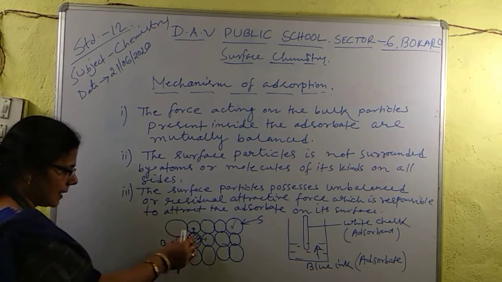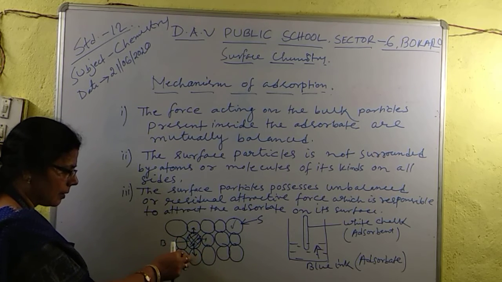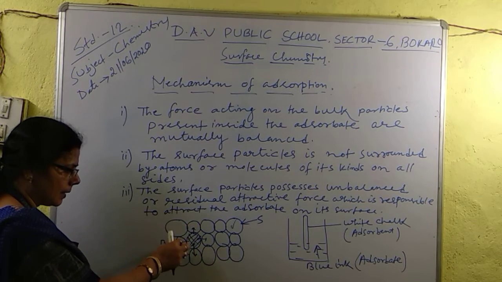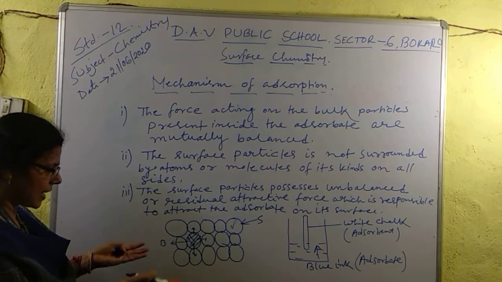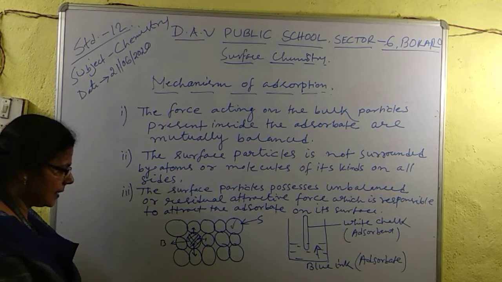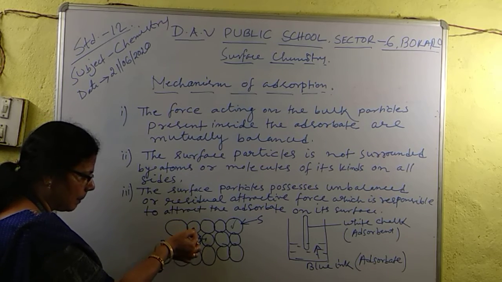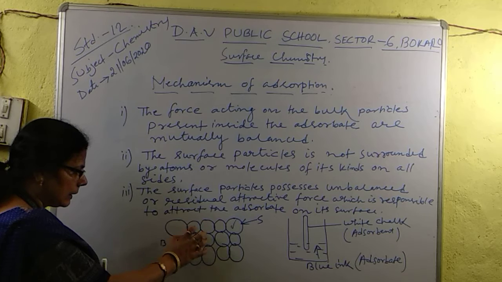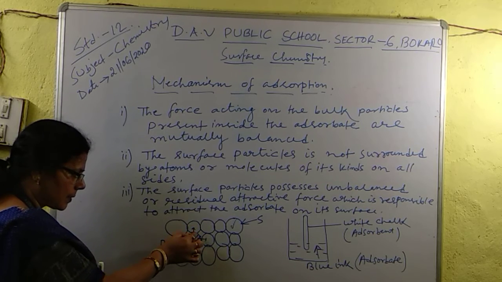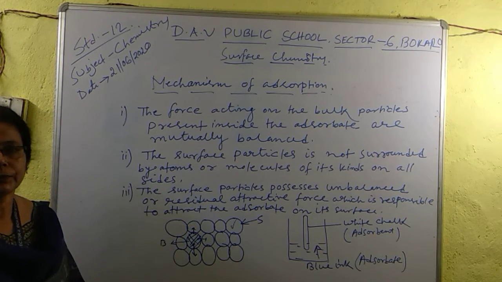This particle is surrounded by particles on all sides, and the forces acting on it balance, this force balanced by this force. So the resultant force on this bulk particle is 0.